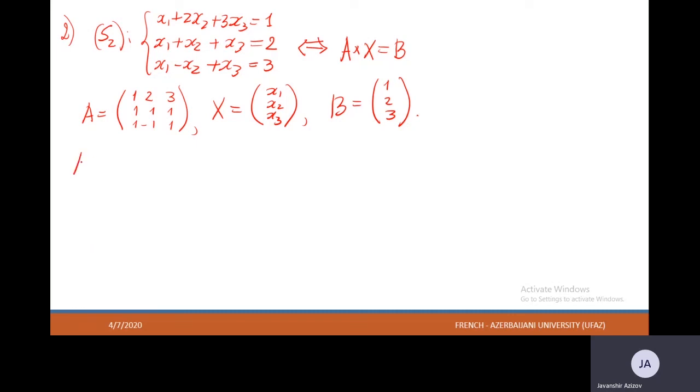The determinant of A will be minus 4, which is different from 0. Because of this, the system S2 will have a unique solution.